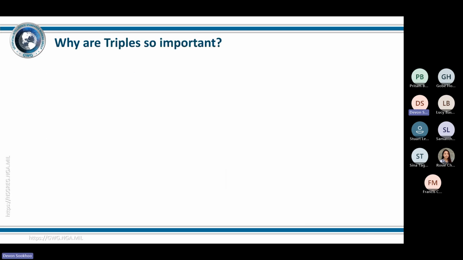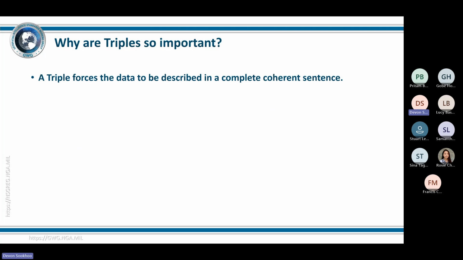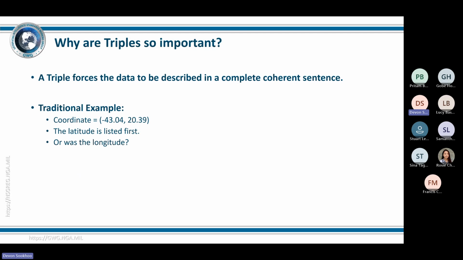So why are triples so important? Going back to RDF, why is it like this? A triple forces the data to be described in a complete, coherent sentence. For example, in a traditional file, we might just put in a coordinate, and the latitude is first, or maybe it was the longitude. I can't remember which one it was. Sometimes we might mix them up. But in RDF, we have to say the coordinate has latitude, and provide the value.